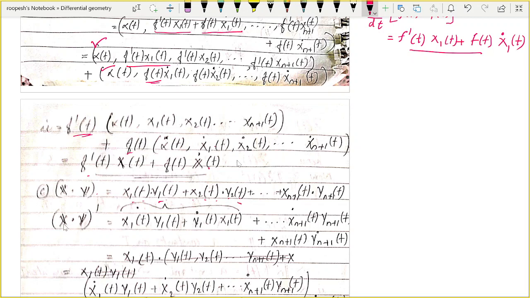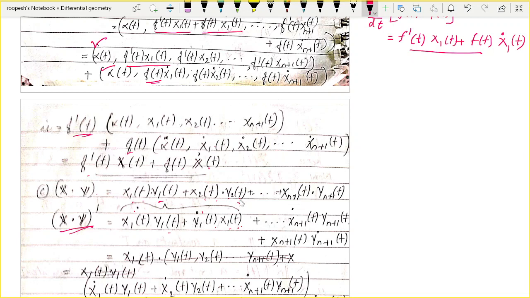Then we find the derivative. Since x dot y is a scalar, we can put the prime here. So x1(t) y1(t) plus y1 dot(t) x1(t), and so on.